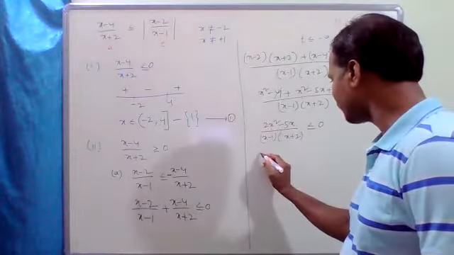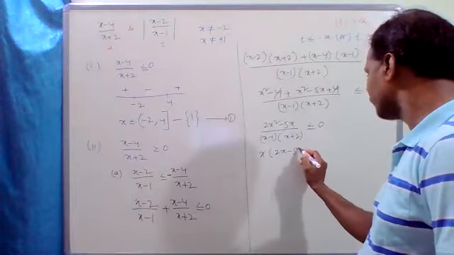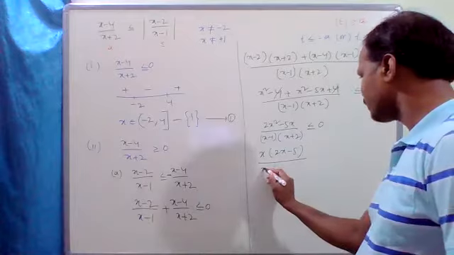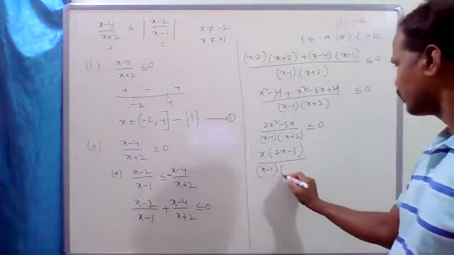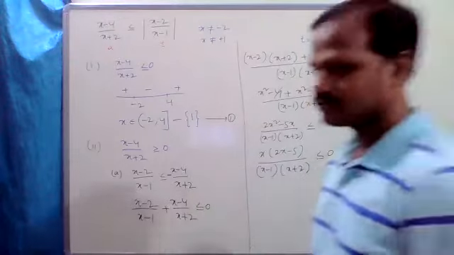Now in the numerator take common x: x into (2x minus 5) by (x minus 1) into (x plus 2) is less than or equal to 0.